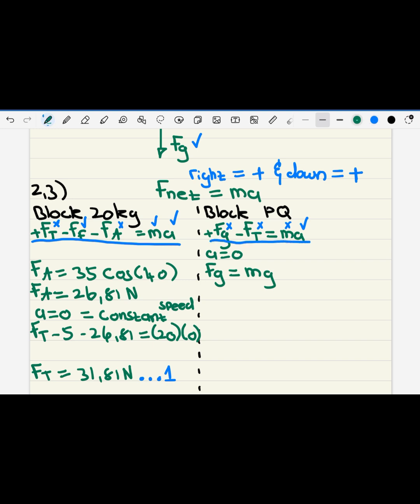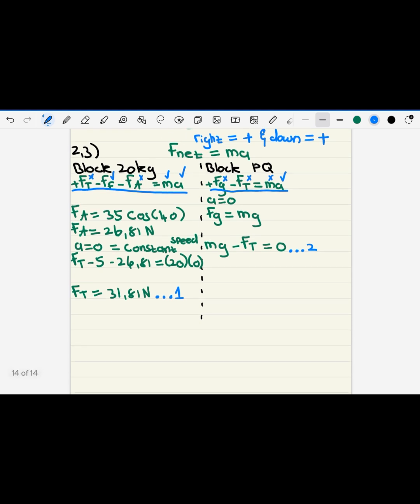So Fg is now equal to mg minus the force of tension, which is equal to 0 because A is equal to 0. I'm going to say this is equation 2.